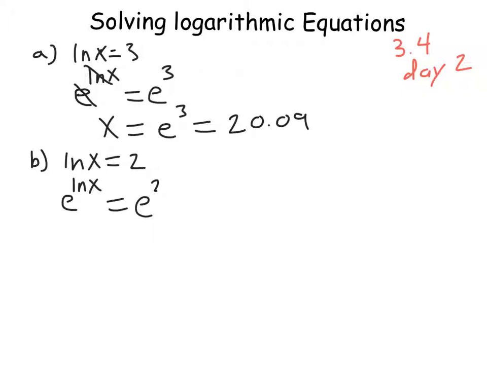Okay, the power that I use, or the base I use, that all just depends on what log we have. I mean, that one should look basically identical to the first one, except it equaled 2 instead of 3.